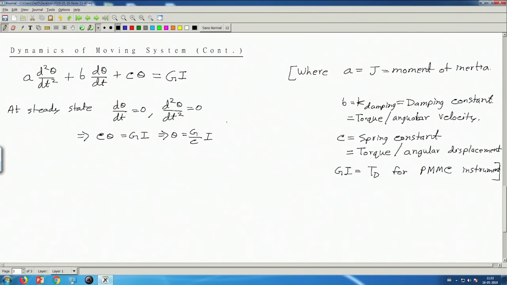Now, the question that we want to investigate in this video is how will the pointer move? I mean, if I apply a current, will the pointer reach its final position at once, or will it oscillate and then slowly stop at that position, or if it reaches that position at once, will it reach quickly or will it go there slowly?